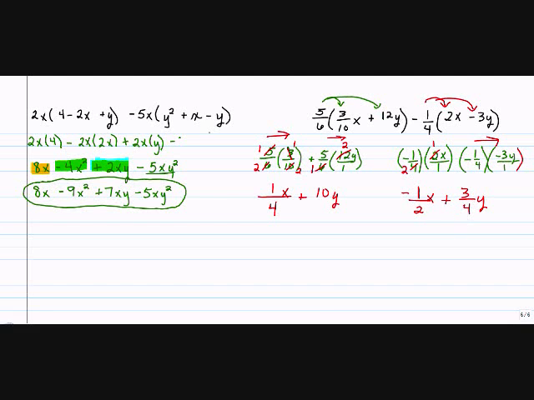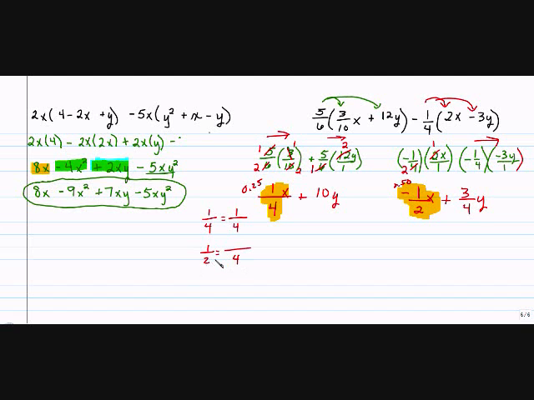Now I can combine like terms. Where's my highlighter? I have a 1/4 x and a negative 1/2 x. Remember, in order to add or subtract, they have to have the same denominator. This stays the same because I'm using 4.